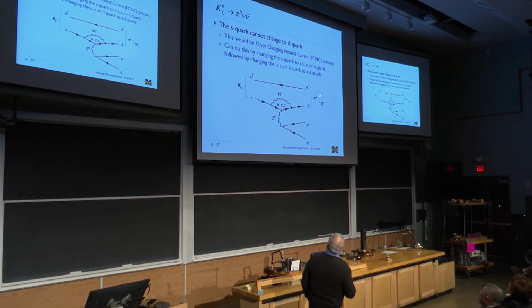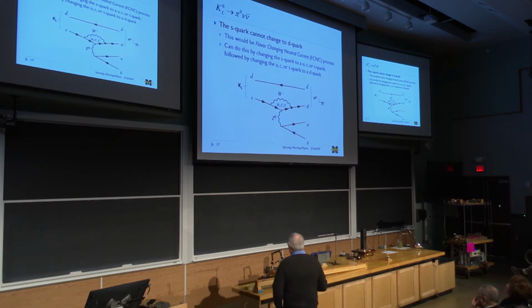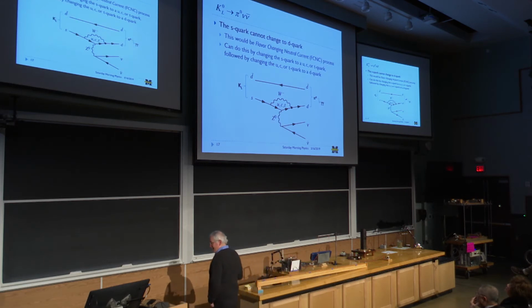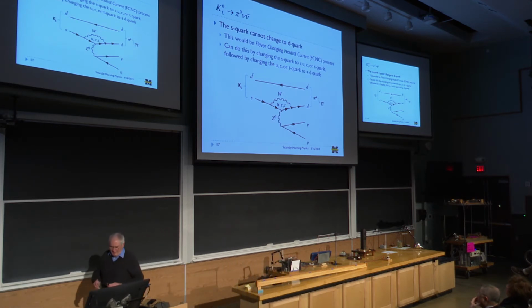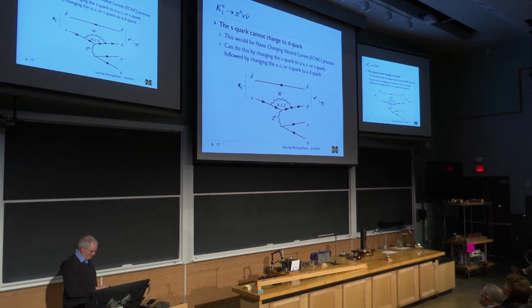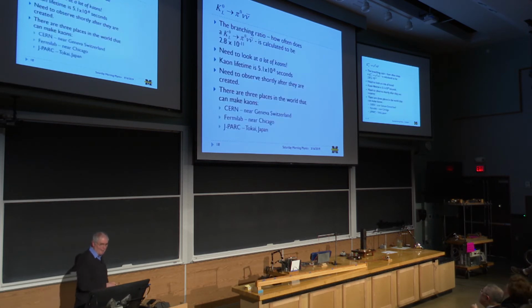So our final state is pion and 2 neutrinos. But this happens much less than the other ways that a kaon can decay.